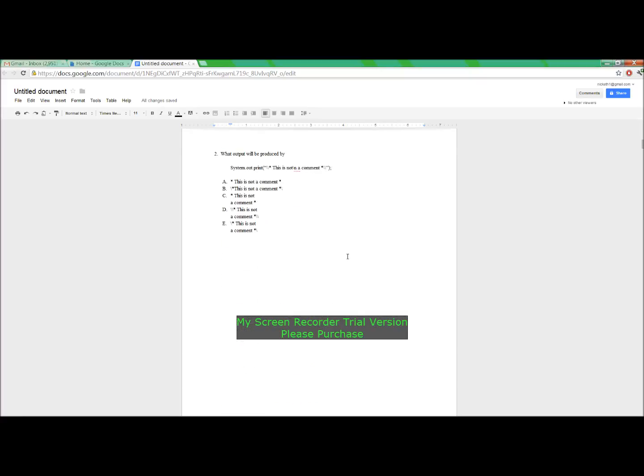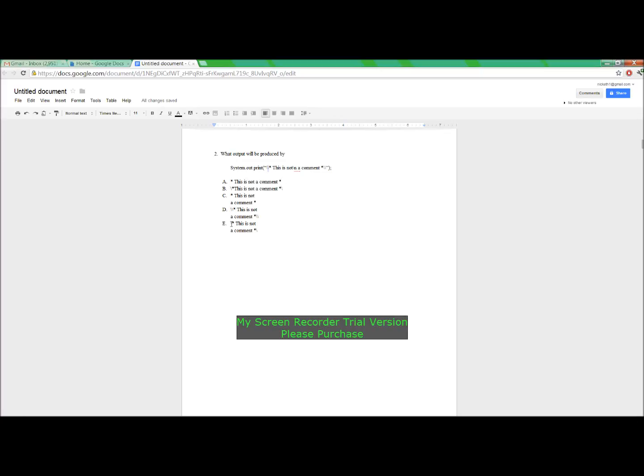Moving on to number 2, what output will be produced by system.out.print? And that's pretty hard to read. So just pause here. And my answer is E, because the second backslash, as you can see right here, is escaped by the first backslash.